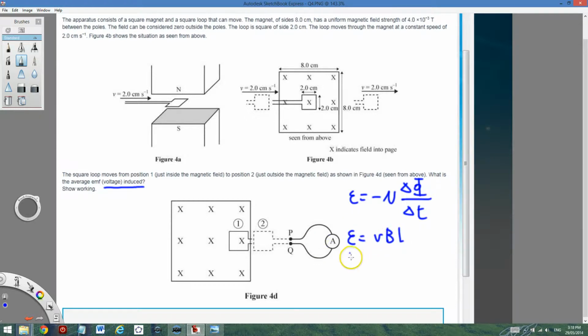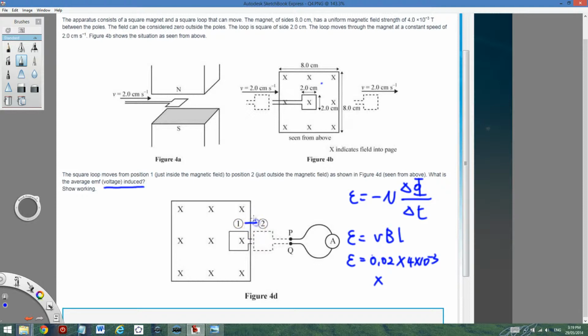Now, in this case, it's just easier to use this equation. So we put it in. We have 2 centimeters per second, that's 0.02 meters per second, which is the velocity, times the magnetic field, then times the length.